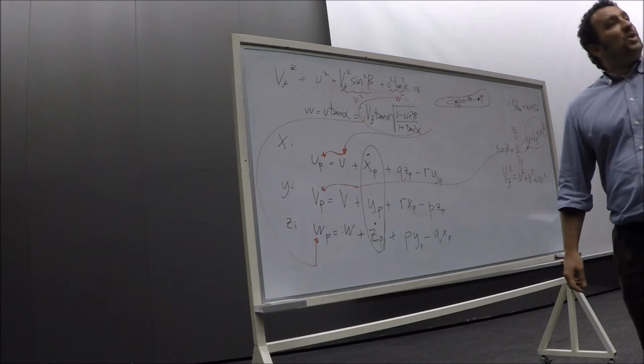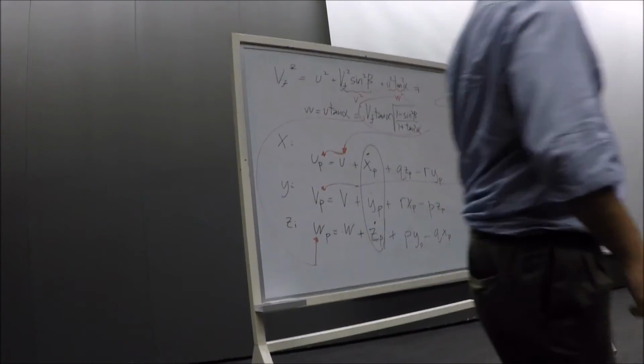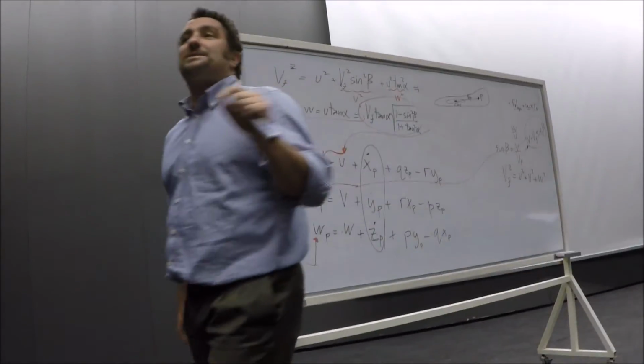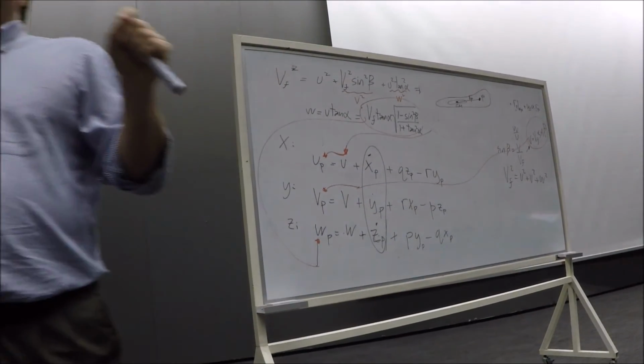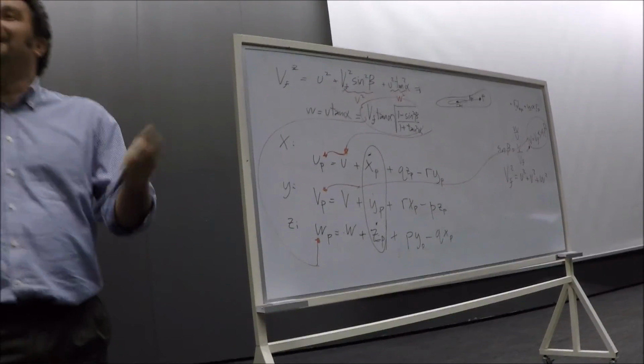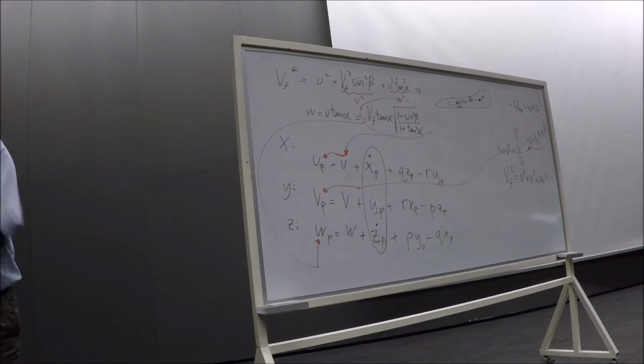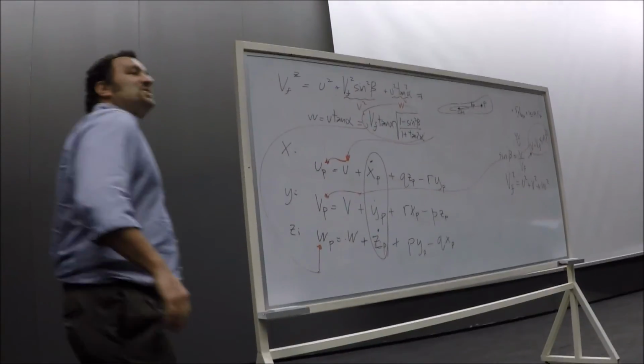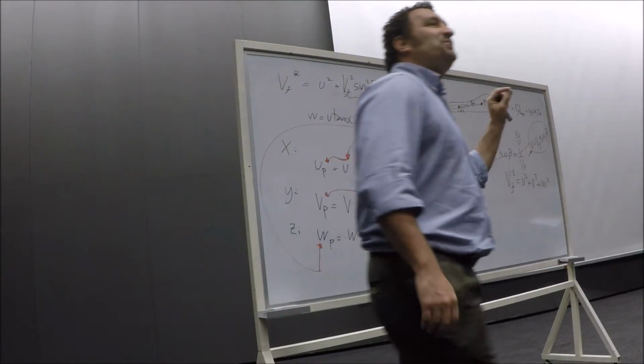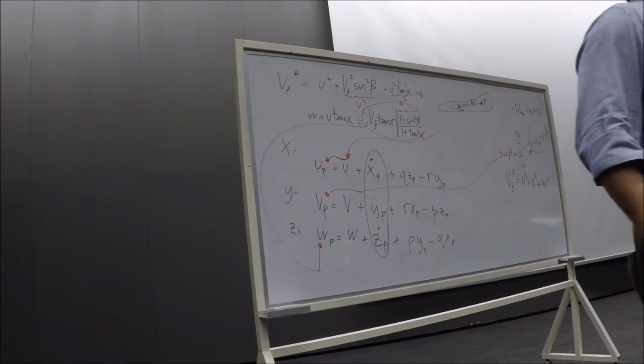Okay. Who thinks that the vector r_p stays constant? Hands up. Don't be shy. Remember that you have to vote.